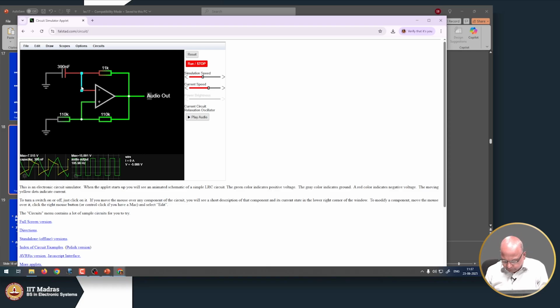See, if there is a catastrophic fault such as this is missing, then you will see the output will be very different. Let us try a different fault. Oops, sorry.